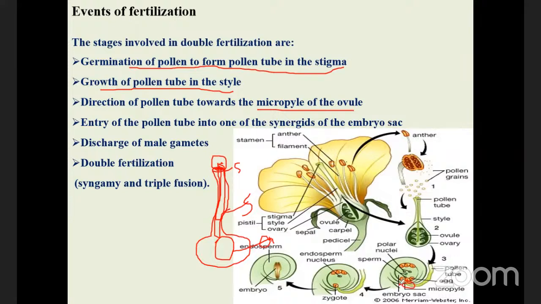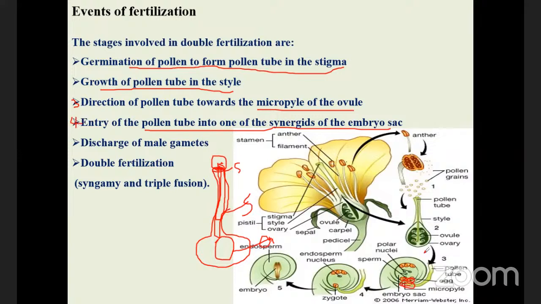The pollen tube, carrying the two male gametes, reaching the micropyle end of the ovule is the third step. The next, fourth and important step, is the entry of the pollen tube into the synergid of the embryo sac, toward the egg apparatus.